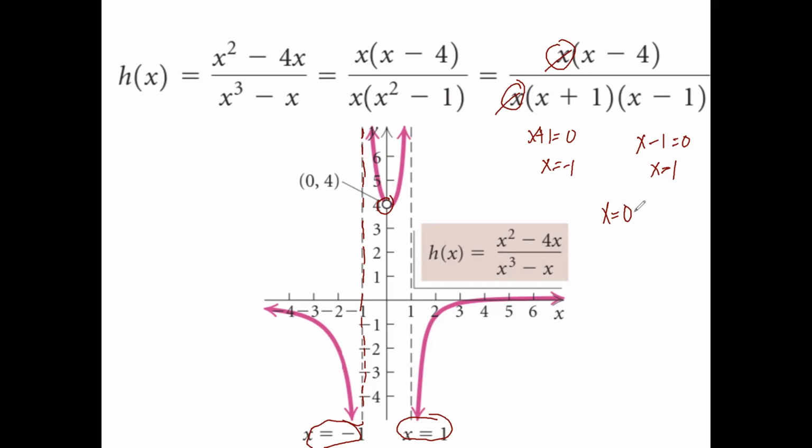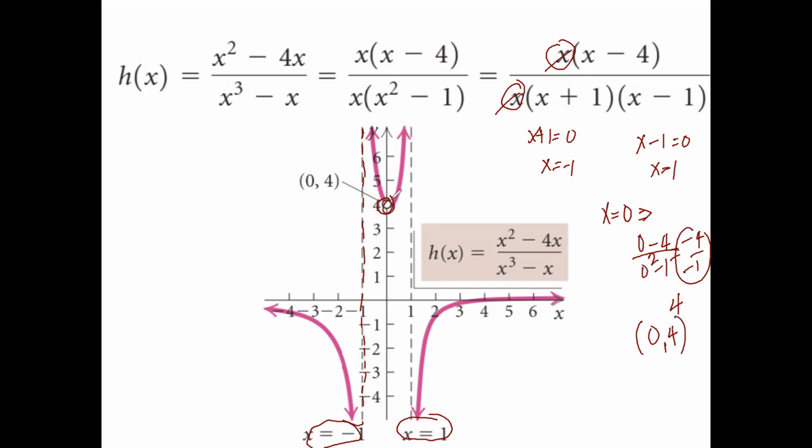So all we have to do is to substitute 0 in the given function. So you will have 0 minus 4 all over 0 squared minus 1. So you have -4 over -1, so you have 4. So meaning you have a hole in your graph at (0, 4).